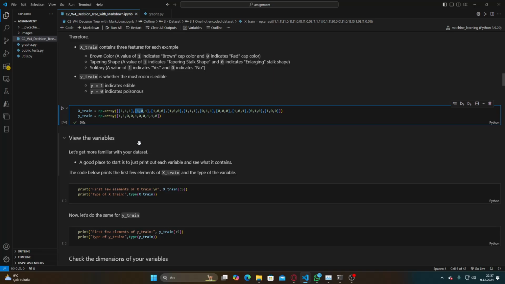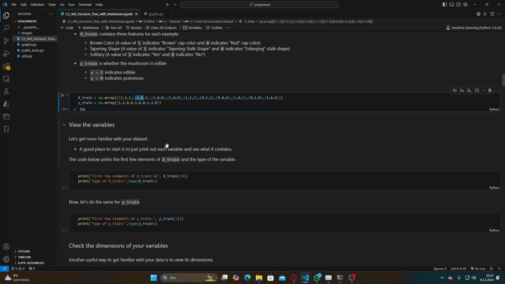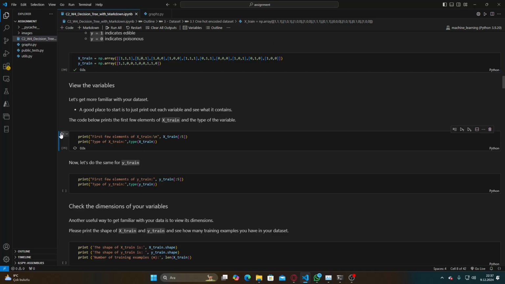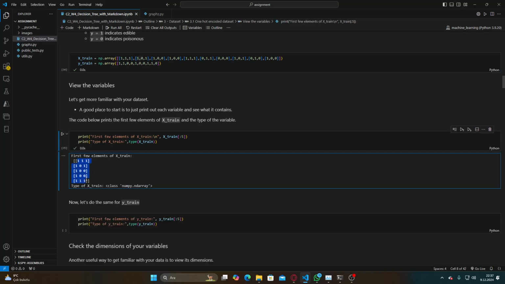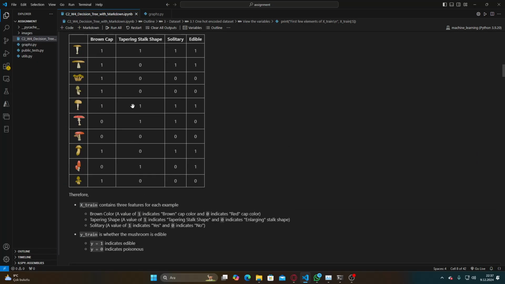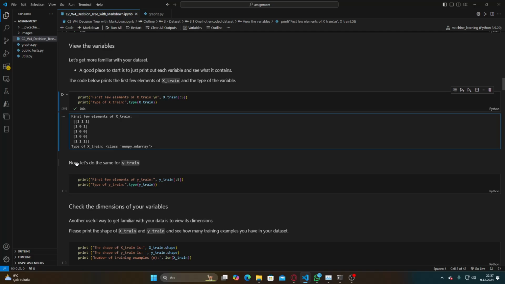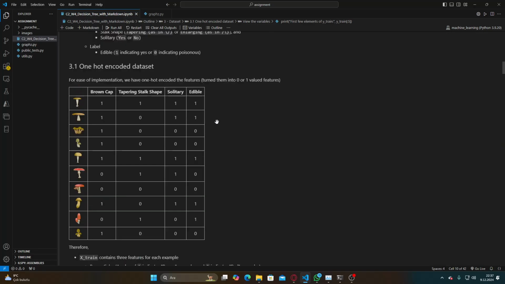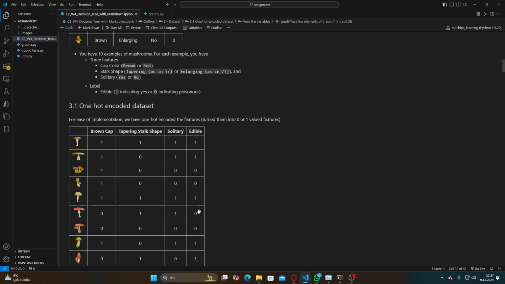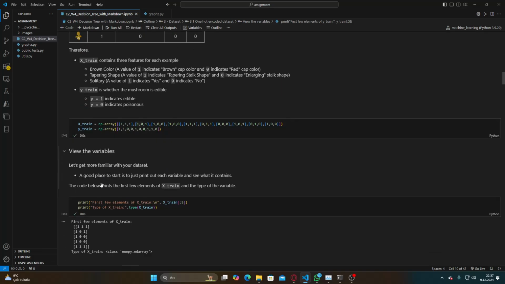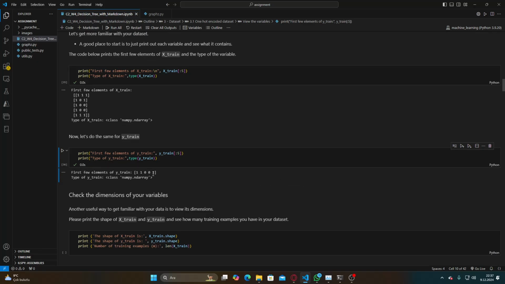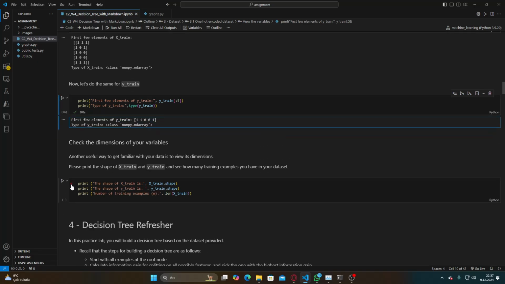And with the variables, let's get more familiar with the dataset. Only print X_train, like 111, 101, 100, 100, and this is the y_train for us. It will give 1100100111. It goes like this one in here, as we can display here for the y_train. And in here, we are just taking the shape of it and the length of X_train.